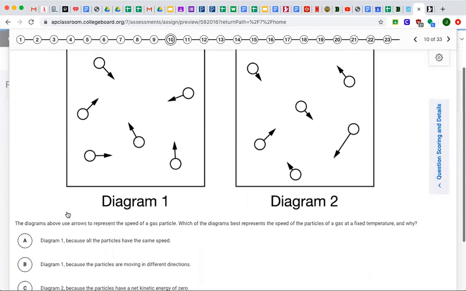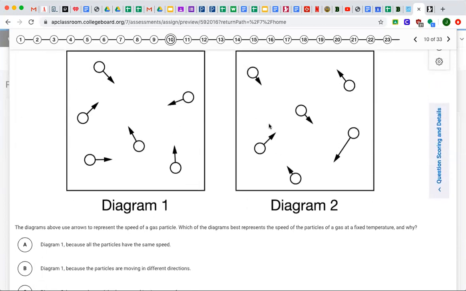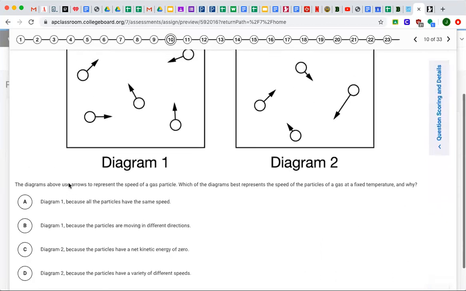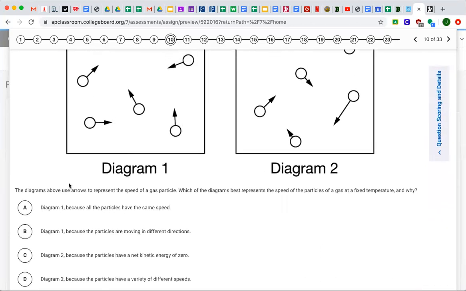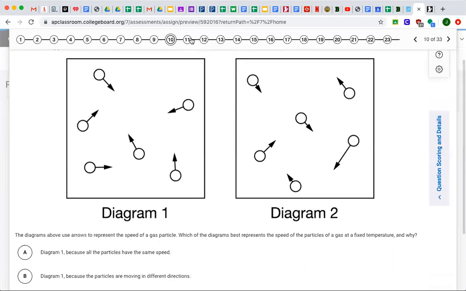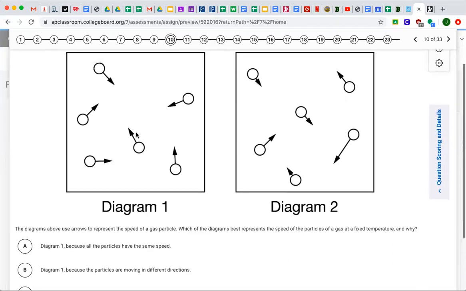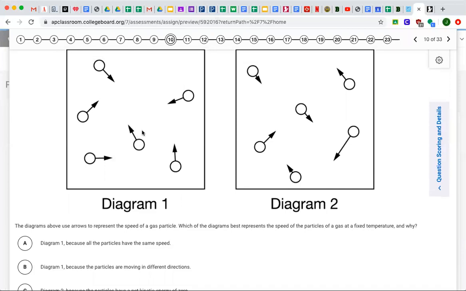These samples are going to be at a fixed temperature. So which one is more realistic? Just off the top of your head, what do you think?